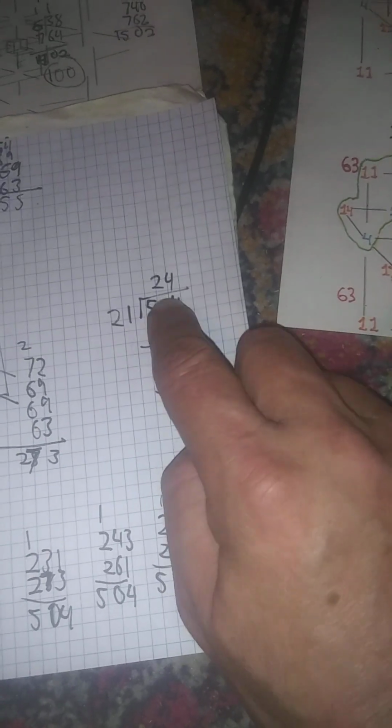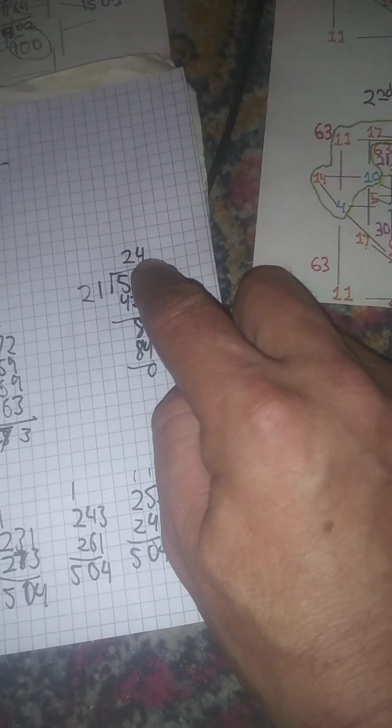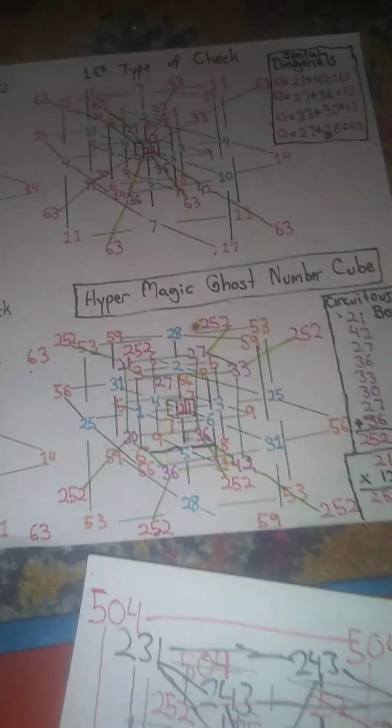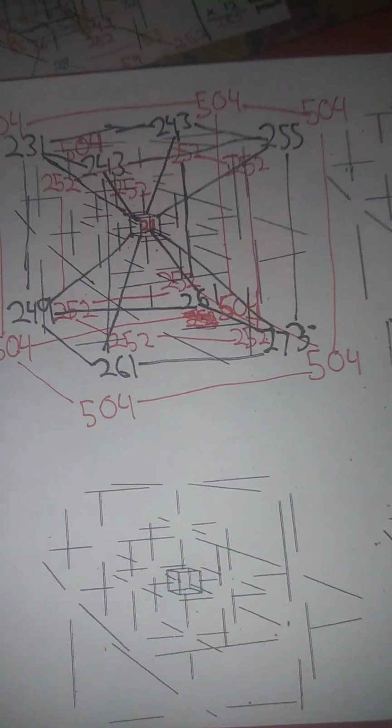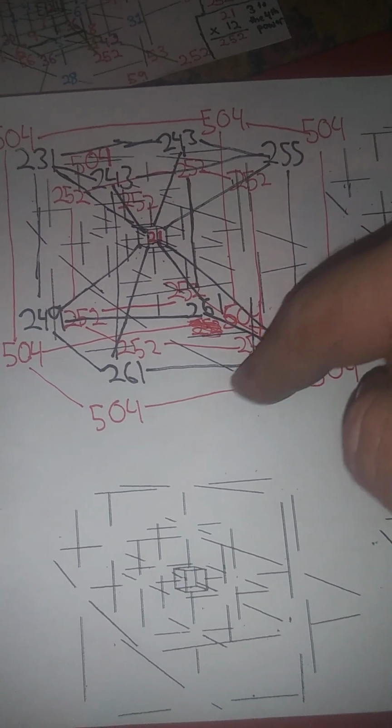It's 3 to the 8th power. So that's why I call them, for lack of a better word, super magic ghost number cubes. Super is beyond hyper.